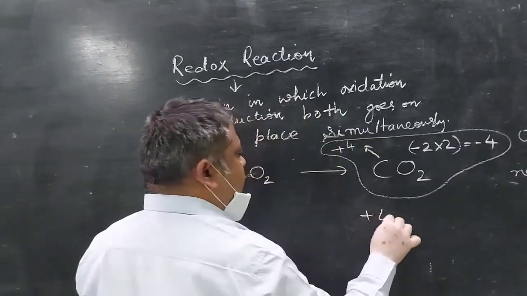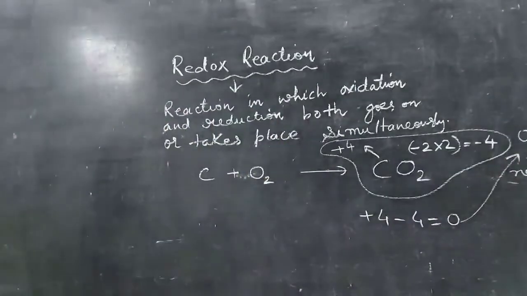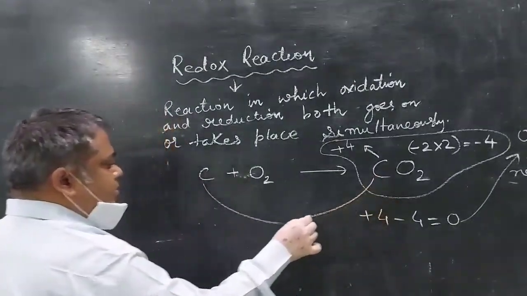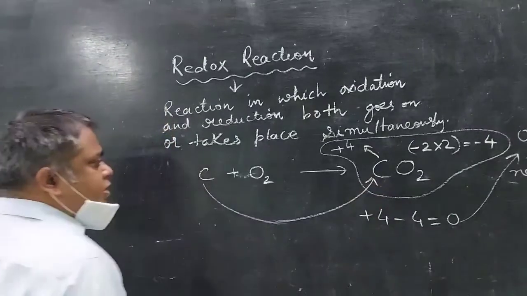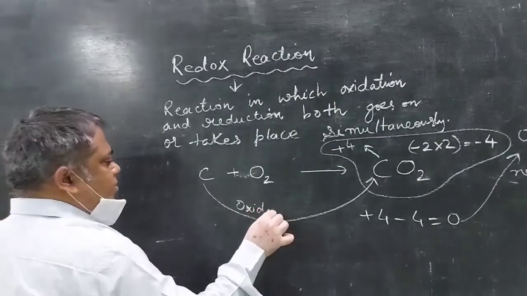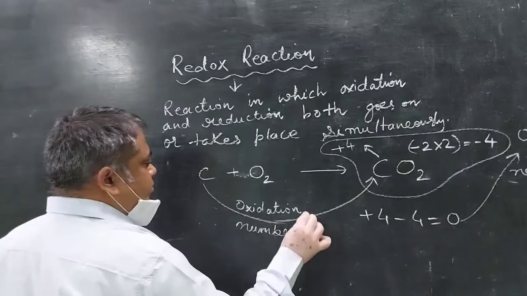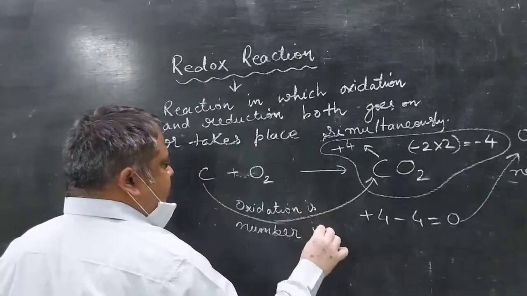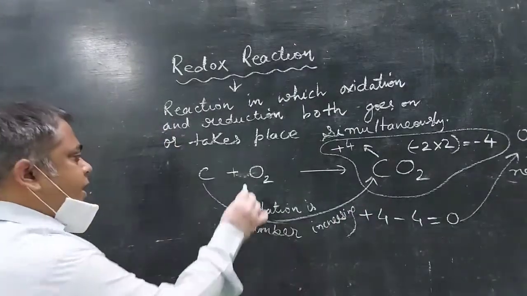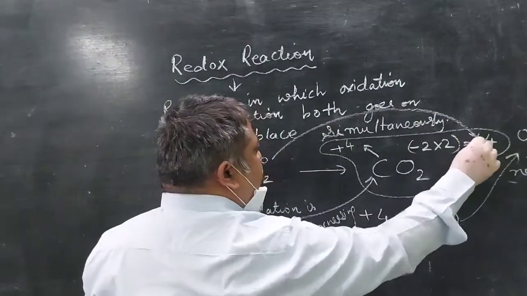So +4 and -4 is equal to 0, isn't it? Here we find that the oxidation number, that means the charge on the atom, is increasing for carbon. But oxygen is neutral, 0, and it is becoming -2.